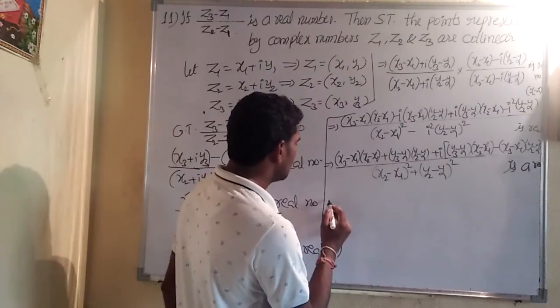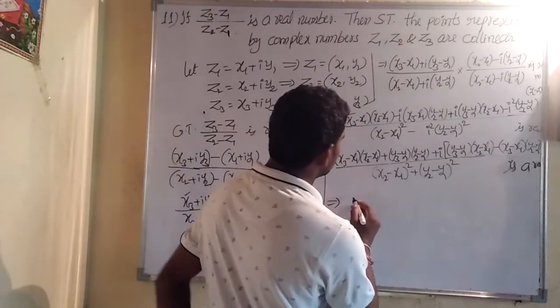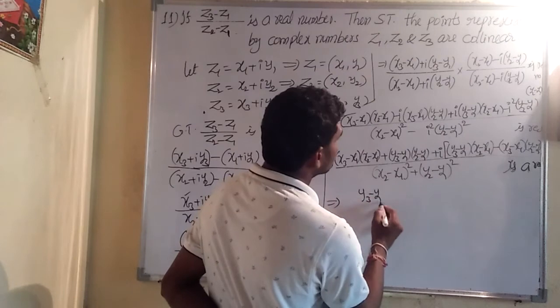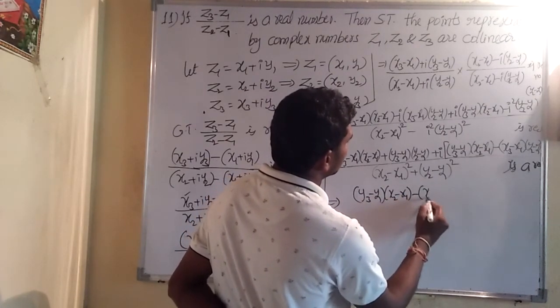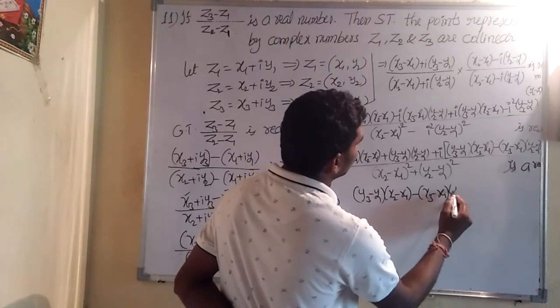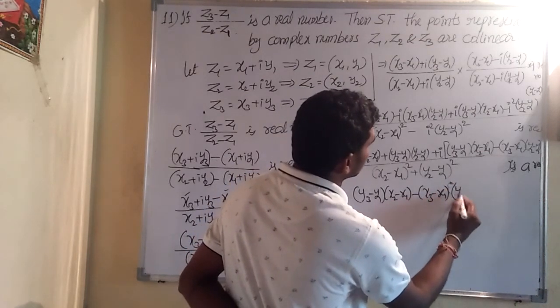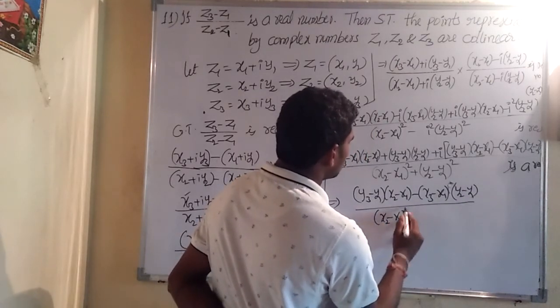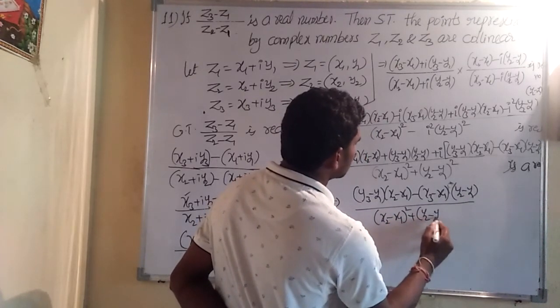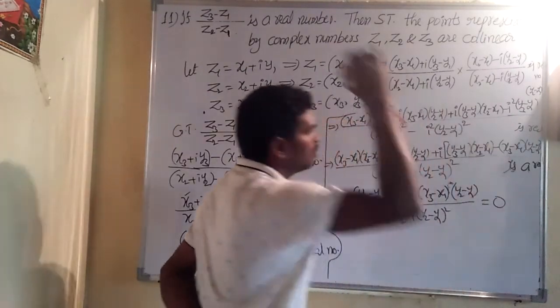So that implies the imaginary part, (y3 minus y1) into (x2 minus x1) minus (x3 minus x1) into (y2 minus y1) by (x2 minus x1) whole square, plus (y2 minus y1) whole square, is equal to 0.